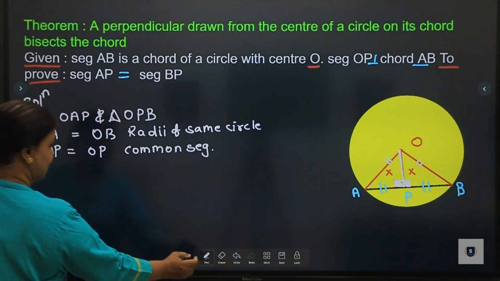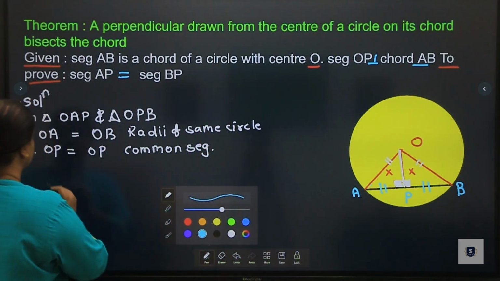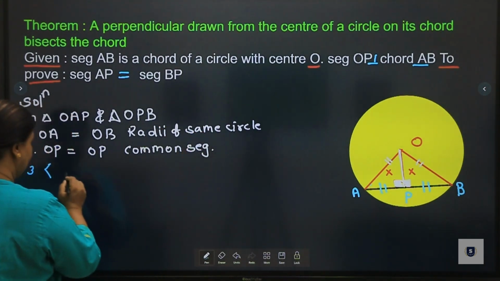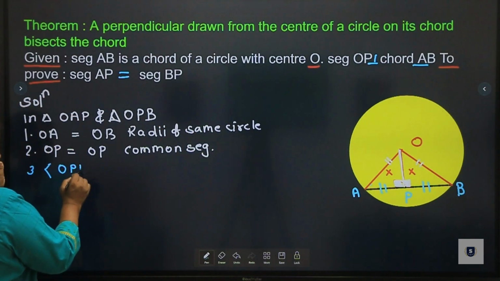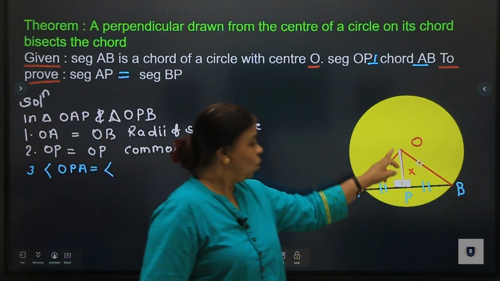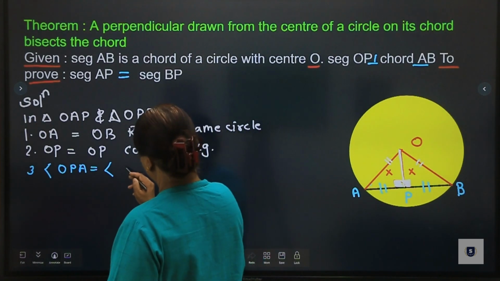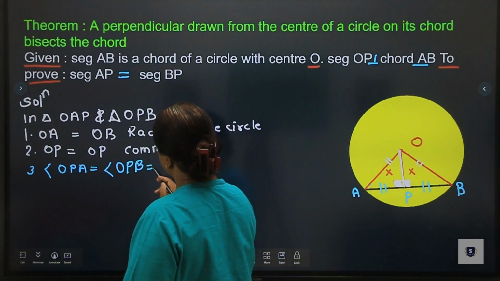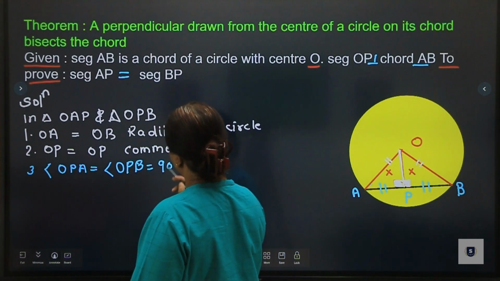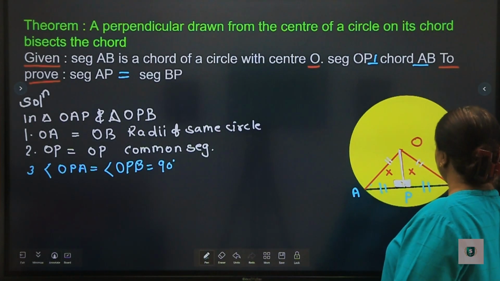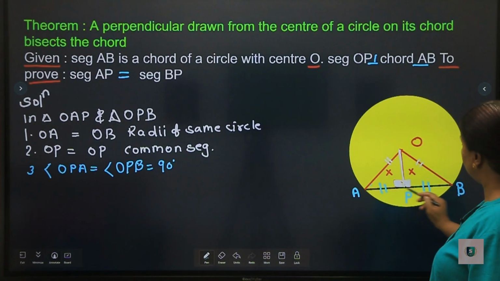So we can say here that third point, angle OPA is equal to angle OPB. And why is it equal to 90 degrees? Because segment OP is perpendicular to AB.